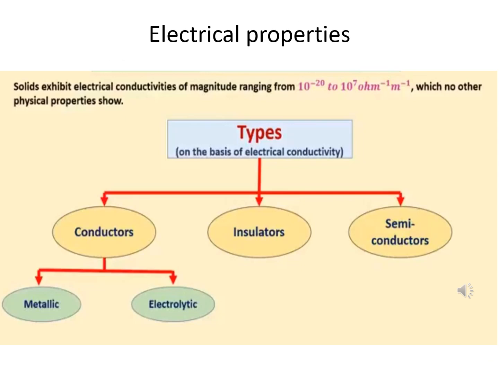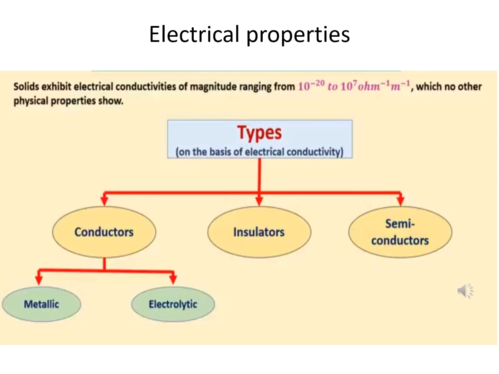Electrical properties of materials could be divided into three types on the basis of electrical conductivity. These include conductors, insulators, and semiconductors.